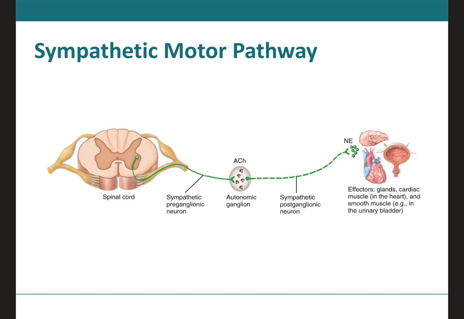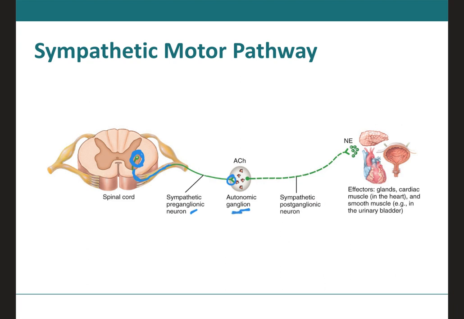So here's a summary of what we were talking about with regards to the sympathetic nervous system. You can see how this neuron over here is exiting through the ventral side, through the ventral root, and because it's prior to the ganglion, it's called the sympathetic preganglionic neuron. Notice how the cell body is located in the spinal cord, and the terminal button of the axon is located on the autonomic ganglion.